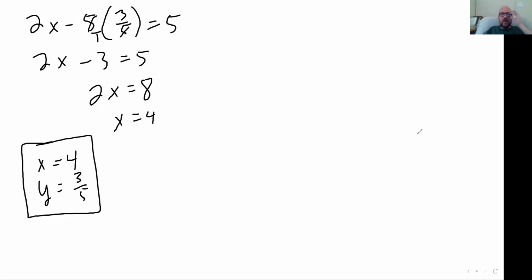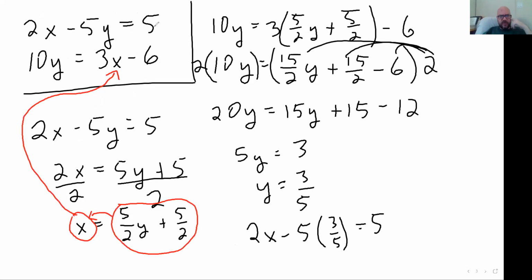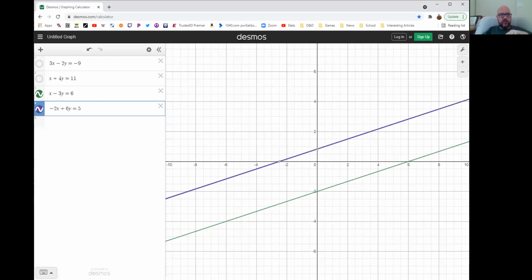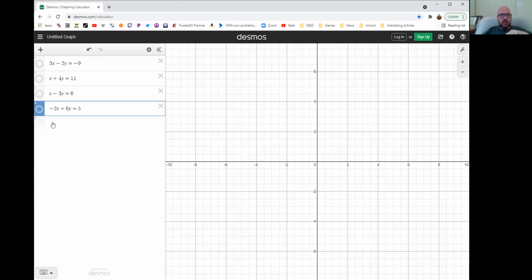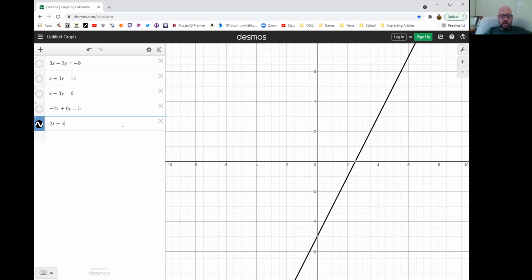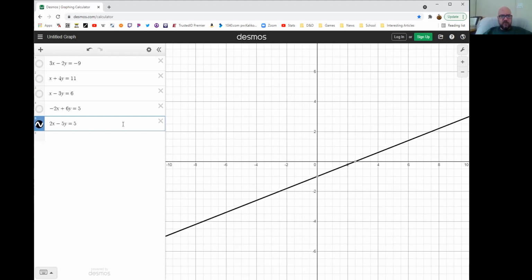Let's see if that agrees with what it looks like on a graph. Let me go back to the original equations where 2x minus 5y equals 5. I've got it written down over here. Yeah, so let's go look at Desmos. Turn these guys off. We get 2x minus 5y equals 5. That's 1.